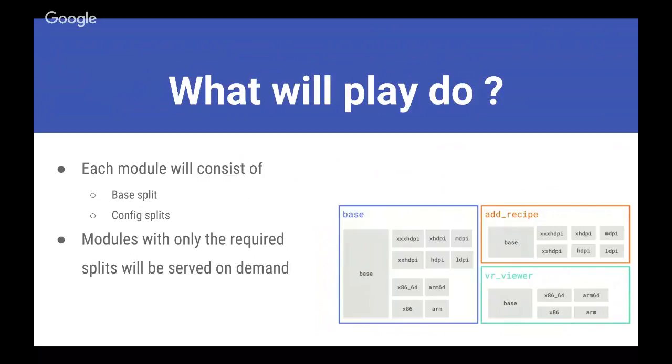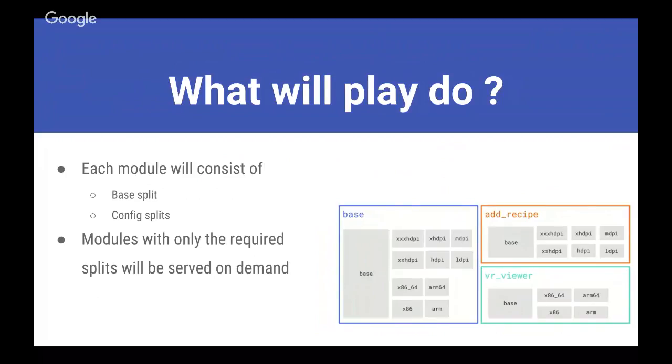Now, when a user installs my app, only the base module comes down. After that, when the user clicks on add recipe, that is when the add recipe module gets downloaded to the device, gets installed, and the user can continue from there.